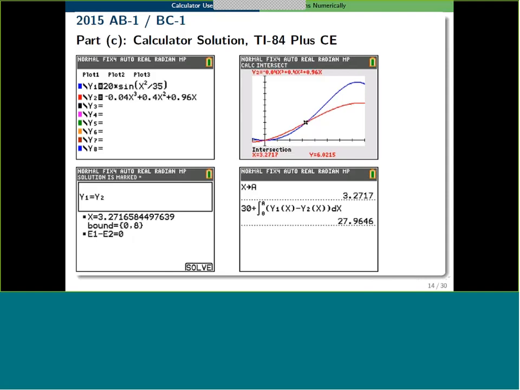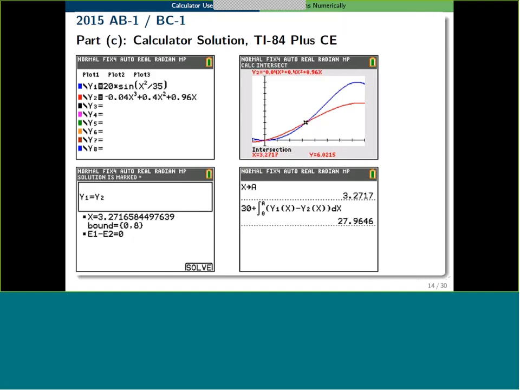And in that window, I would enter the two functions, y1 and y2, or in this case, what I want to do is set y1 equal to y2 and solve that expression. And what I generally do is give the calculator a starting point and a bound to look, in this case, between 0 and 8.